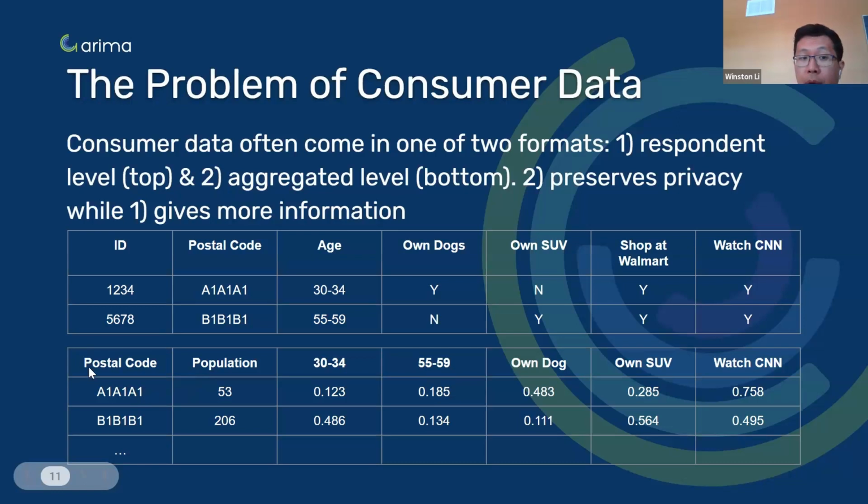So for example, here we say in this postal code, we have 53 people, 12.3% of them are between the ages 30 to 34, 18.5% are between the ages of 55 to 59, 48% own dogs, etc. And obviously the second postal code has a different population and a different distribution of these variables. So when dealing with consumer data, almost every data set comes in one of these two formats.